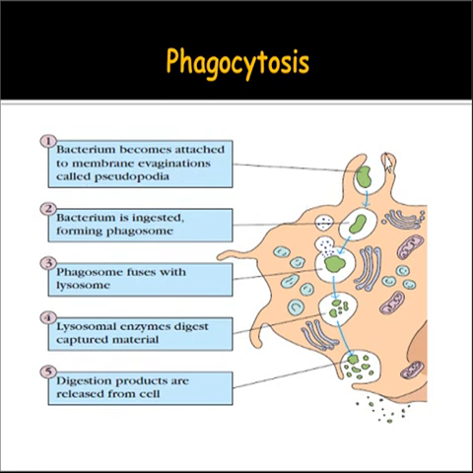With this, the particle is ingested, forming the phagosome. Then this phagosome fuses with the lysosomes, which contain hydrolytic enzymes, and these hydrolytic enzymes digest the bacterial or microbial components. The digested products are then released from the cell by a process known as exocytosis.